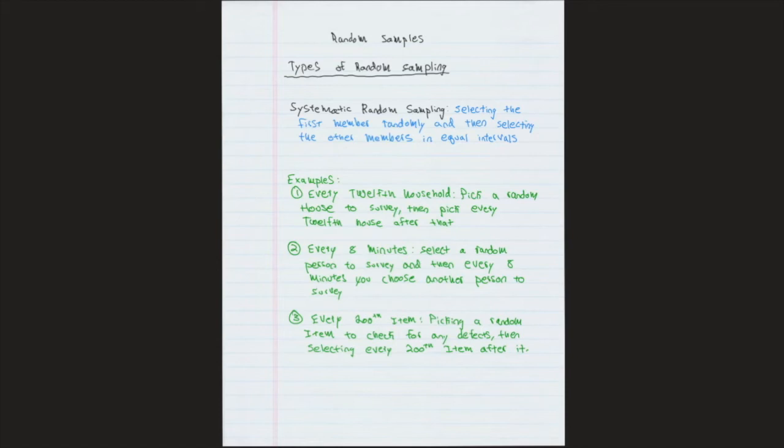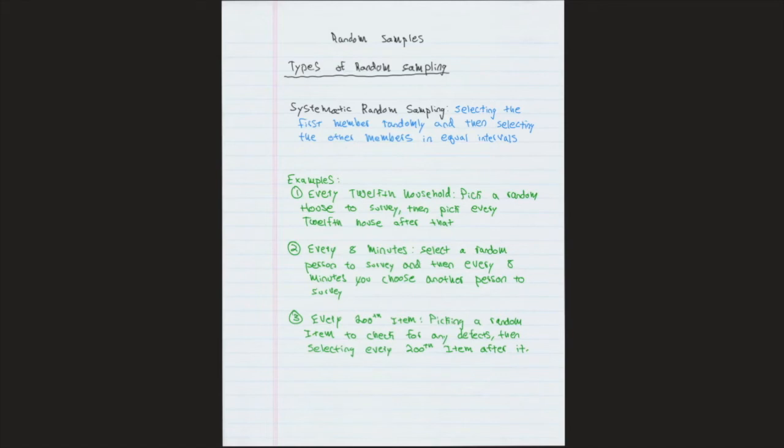For example, let's say you are doing a walking survey, and one way to do it randomly is you pick a random house, and then as you walk down the street, the house you survey is every 12th house that you see, right? So you have a plan. It's just a systematic plan of every 12th house, but it's still random because you started out random.